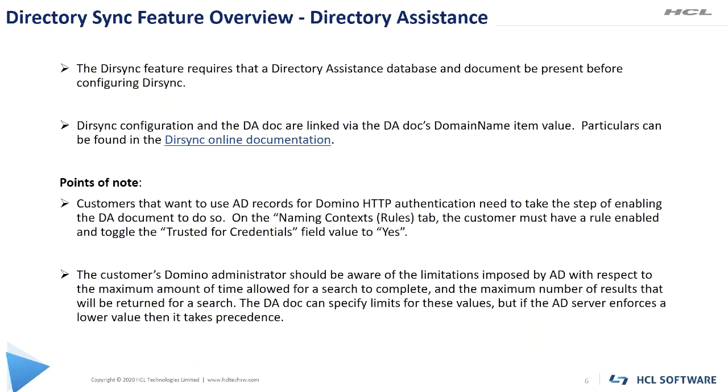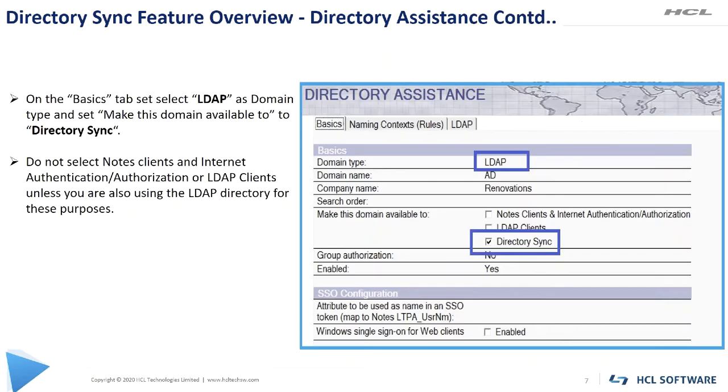Next slide. In the previous slide, we just discussed creating the DA database and the corresponding document. Here is an example of how a DA document looks for DIRSync functionality.